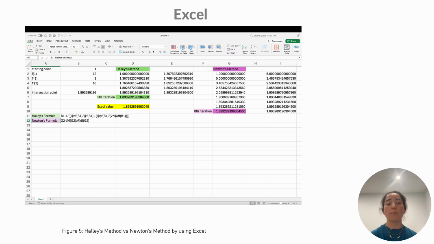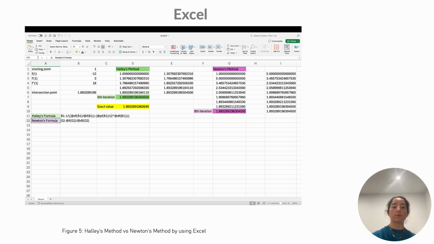And then I moved on to applying the methods. To be able to apply the methods, I use 2 columns for each method. In columns D and G, I aim to see my iterations step by step, and in E and I, I apply the formulas. You can see the formulas below.